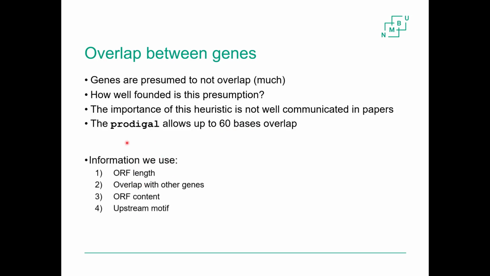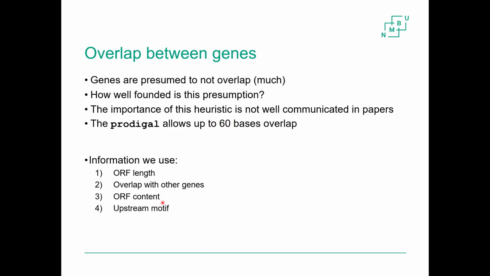So if we look at the information used to find genes, I would rank them like this. ORF length is the most important piece of information. And that's very easy to collect and understand, right? The longer, the better. Then overlap between the other genes turns out to be pretty important. And then choices like this become very important, right?